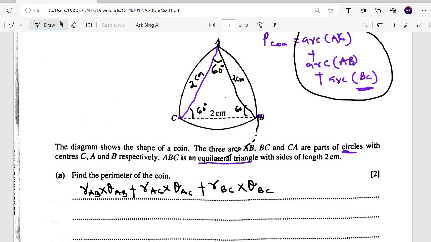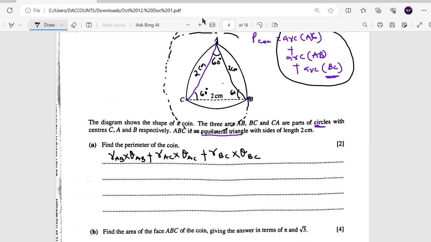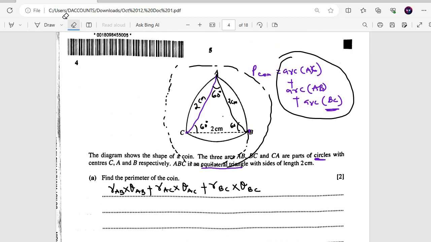If you are going to complete the circle where A is the center, B is the center. So hold on, let me put it like this. Let me put it in this form.